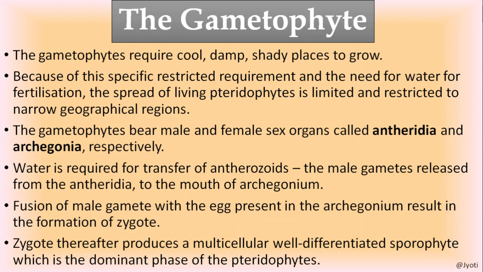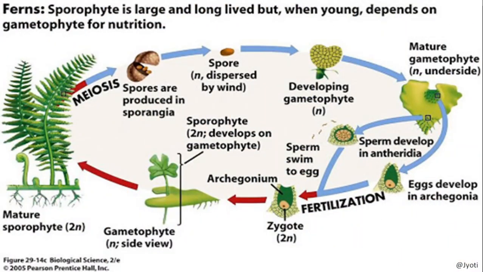So the dominant phase in pteridophyte is sporophyte. The dominant phase in bryophyte is gametophyte. Remember, this point is very important. Here you see the diagram. The main plant body, where I am showing my cursor, is the sporophyte.